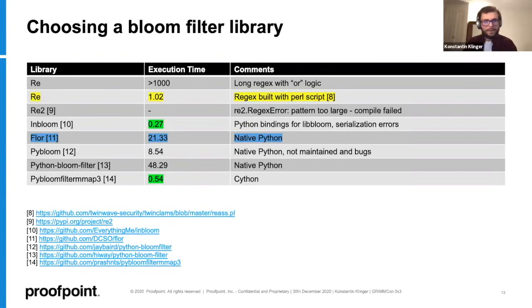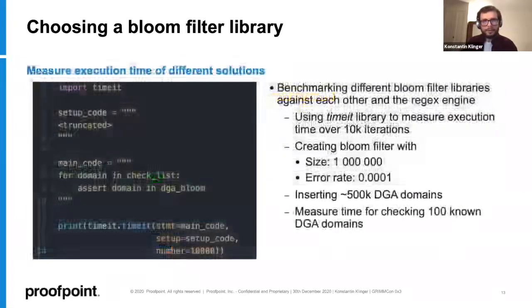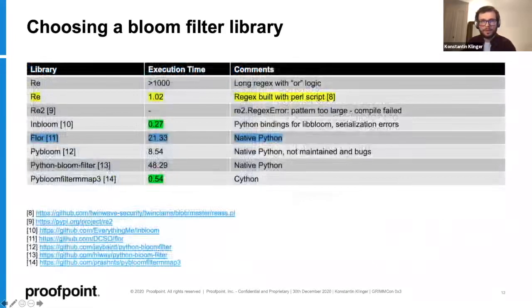One thing I have to add is that, of course, it's also possible that you can play around with size and with the error rate. And if you play around with those parameters, you can also get different results here.